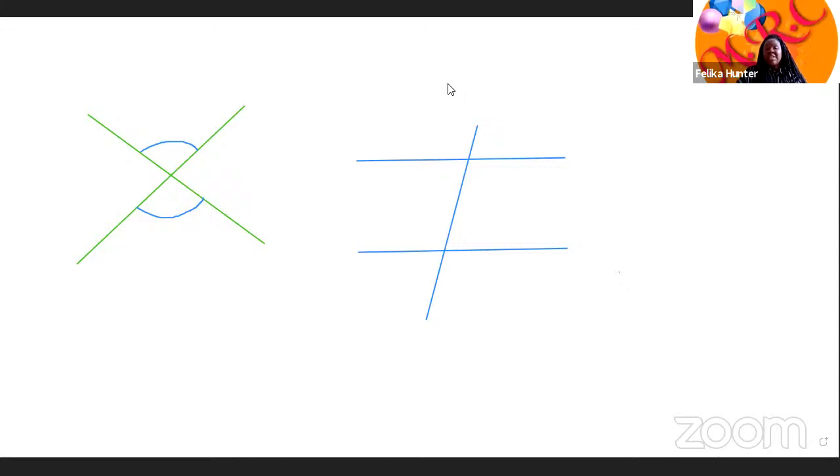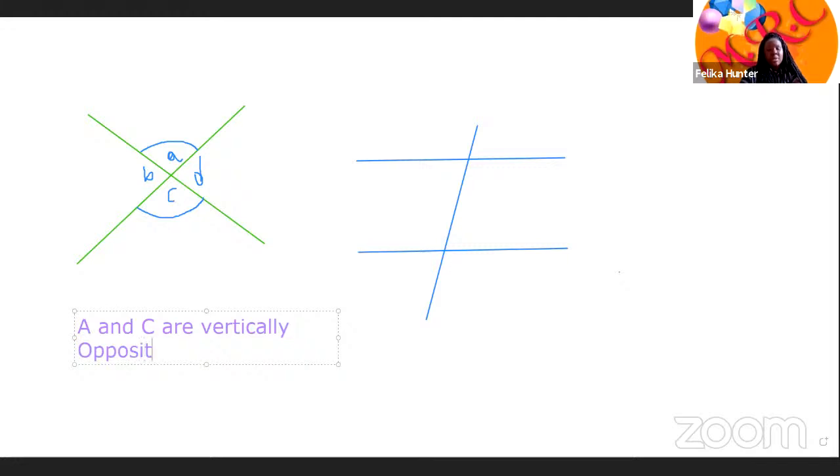All right. So this angle that I've highlighted here, I'm just going to call it A. And here, say I label these A, B, C, D, right? So A and C are vertically opposite angles, right? And we're going to put down what we know about vertically opposite angles. Vertically opposite.